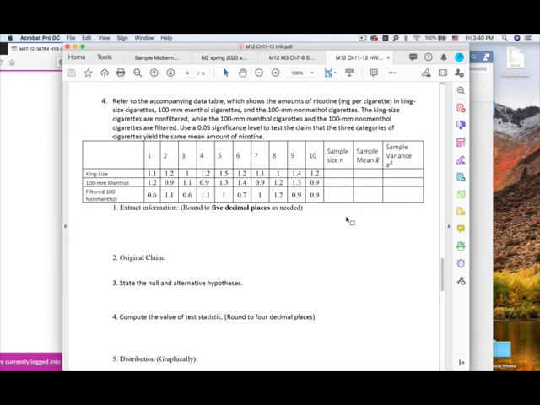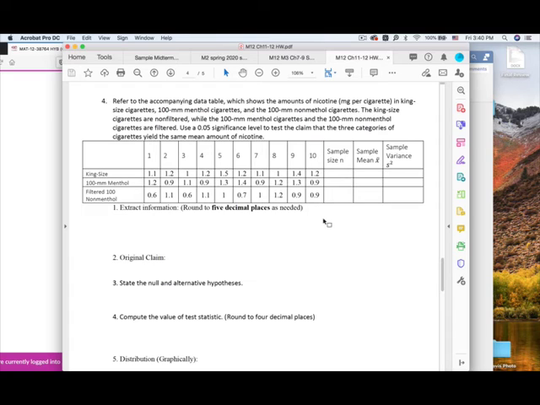If you watched my video lecture, you should recall that I taught you two methods to find the variance between samples and the mean of the sample variances. Either use the table, or you could just use the calculator. If you use the calculator, you don't have to fill in the table. Just strictly using the calculator, find the sample size, the k, the degrees of freedom of the numerator, the degrees of freedom of the denominator, and also the variance between the samples and the mean of the sample variances.